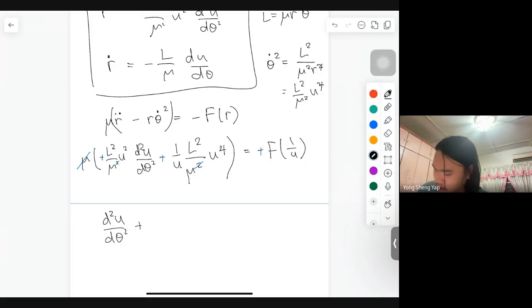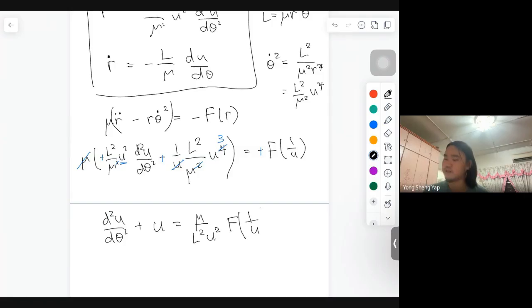So this is the first term, and the second term I have, instead of u squared, I have u to the fourth, u cubed. So basically I take this, and this becomes a 3. And because there's a mu u squared over here, this is instead plus u, and equal to, I'm going to put everything else here, F of 1 over u.